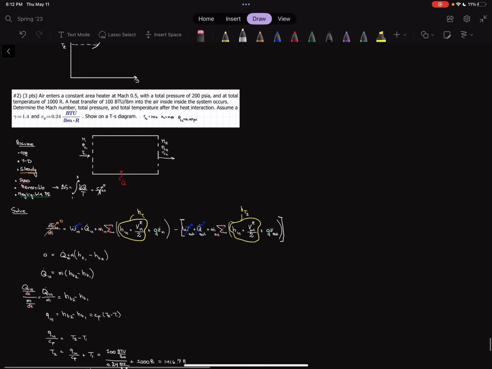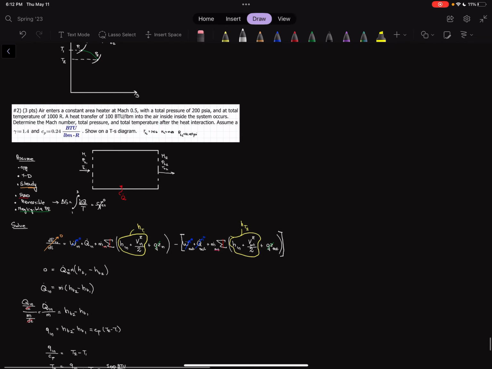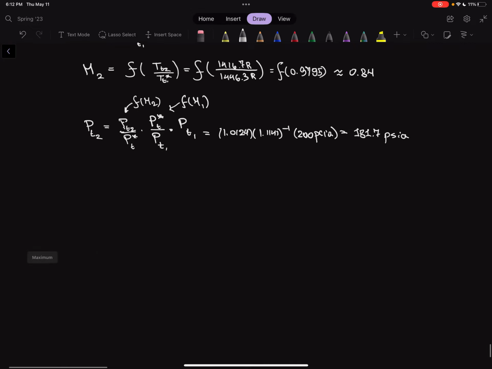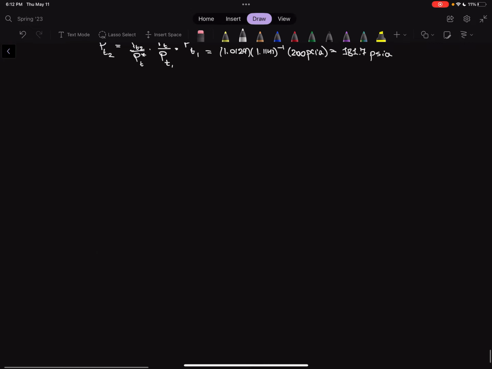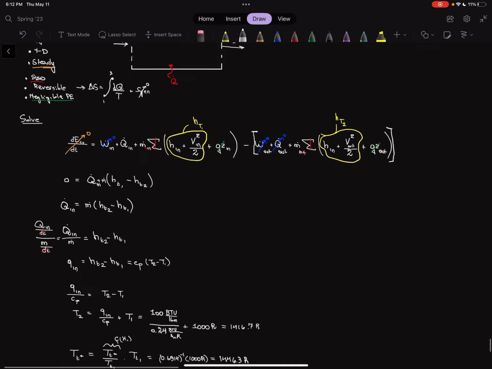Well, they're asking us to show on a TS diagram. And we're saying that the total temperature went down. I don't know how I'm going to justify that, because to me, it's a little bit non-intuitive, I guess, because if we're putting heat in the system, I would expect the total temperature to go up because it's not adiabatic anymore.